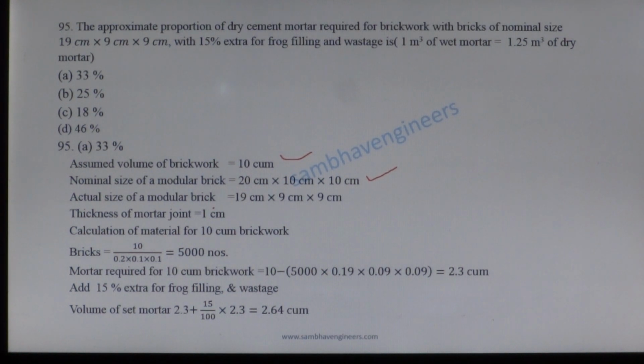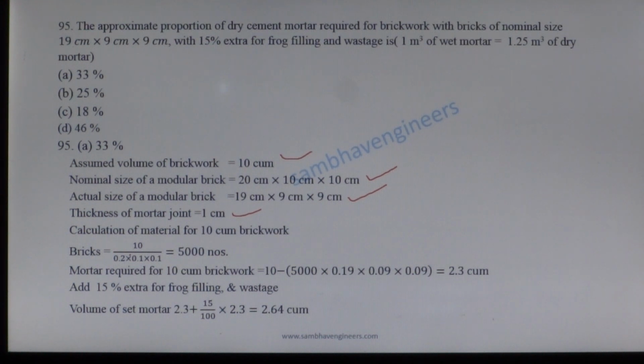Actual size of the modular brick is 19 by 9 by 9 centimeter. Thickness of the mortar joint is 1 centimeter. So the number of bricks required for 10 cubic meter is 10 divided by volume of 1 brick. Number of bricks in 10 cubic meter is 5000.